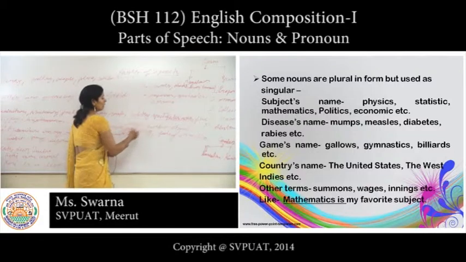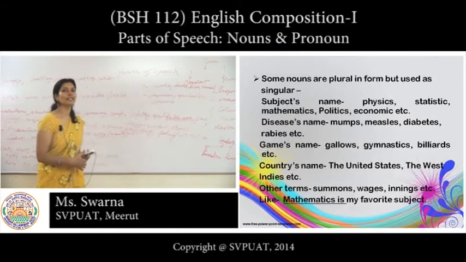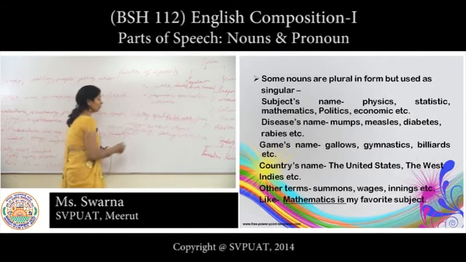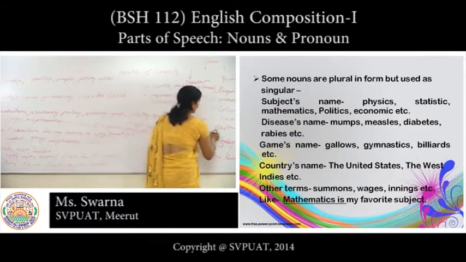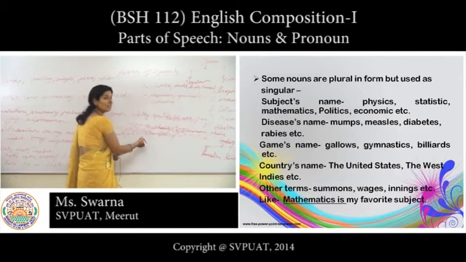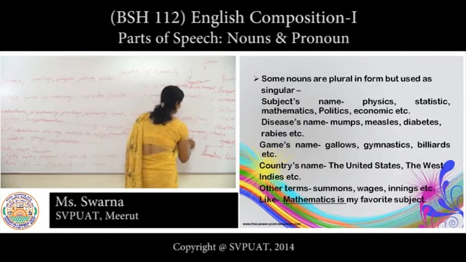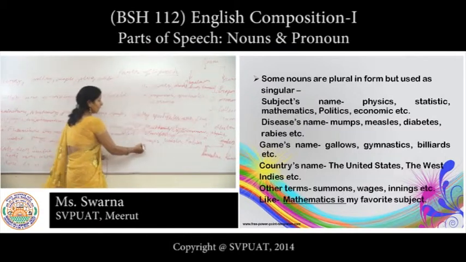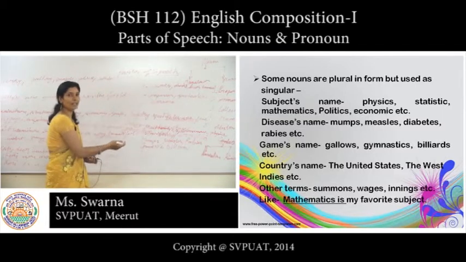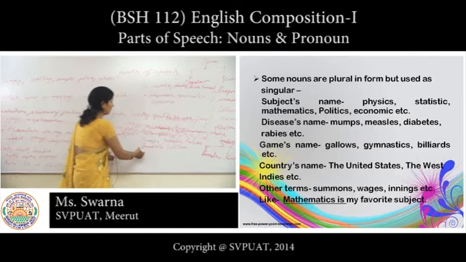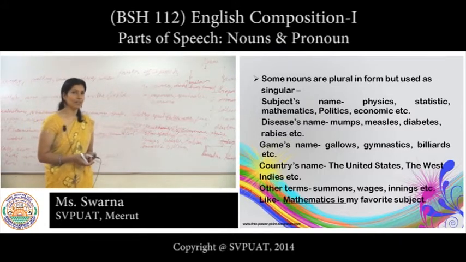And the fifth rule is that these words are also plural in form but used as singular, like some subject names: mathematics, economics, physics, statistics; some disease names like mumps, measles, rabies; some game names like gymnastics, billiards; some book names like Arabian Nights, Canterbury Tales; and some country names like United States or West Indies.